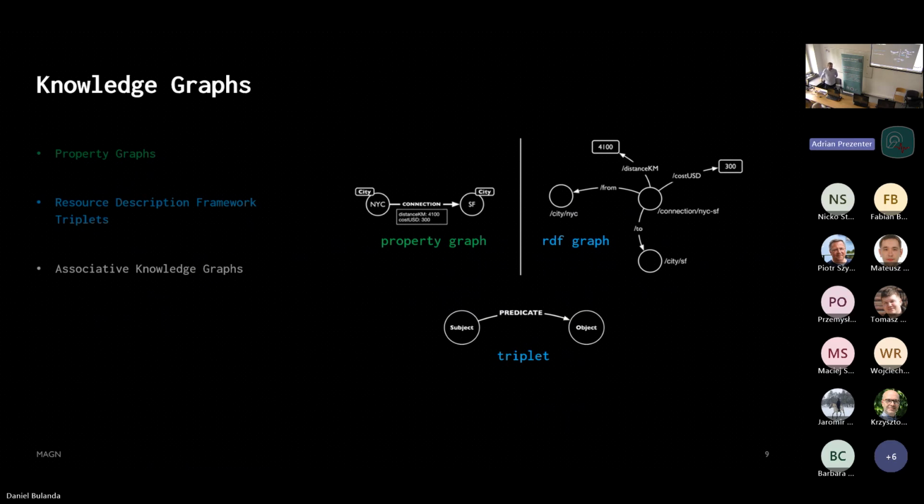But in the industry, there are two other very popular types of knowledge graphs. To be honest, if one wants to explore the topic, one can usually meet a lot of companies and a lot of frameworks, open source or commercial, that are based on two types of knowledge graphs.